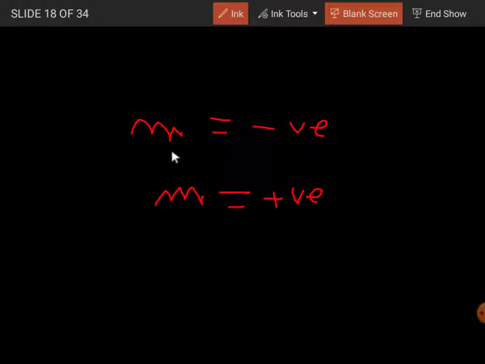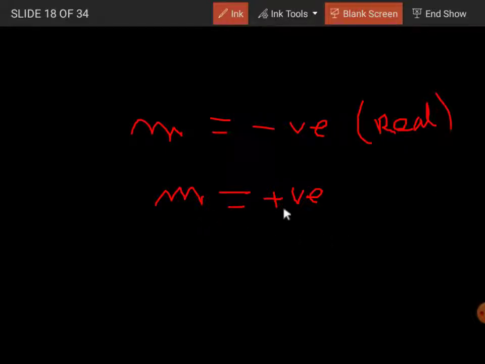Now let me tell you, when magnification m is coming out to be negative, it means your image is real. Got it? If it is real, then the image will be erect or inverted? Yes, the image will be inverted.